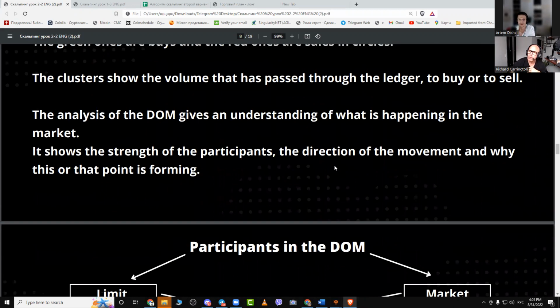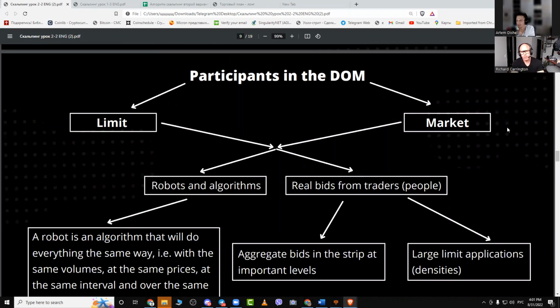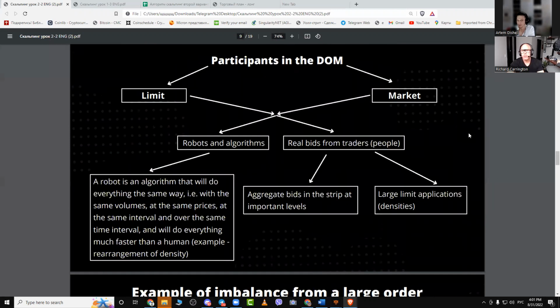Okay. Yes, participants in the depth market, we can see two: limit participants and market participants. Among all these participants you can find robots and algorithms.